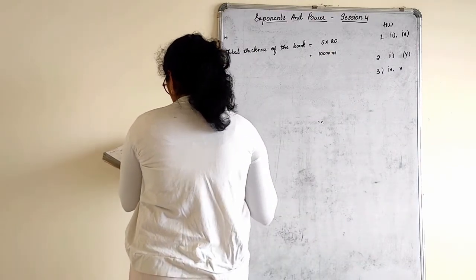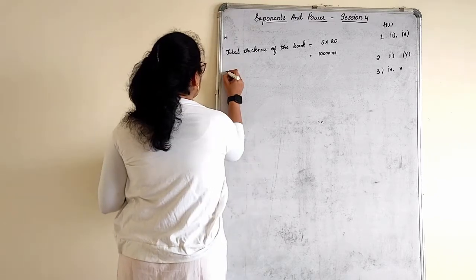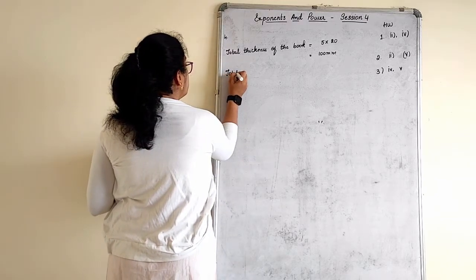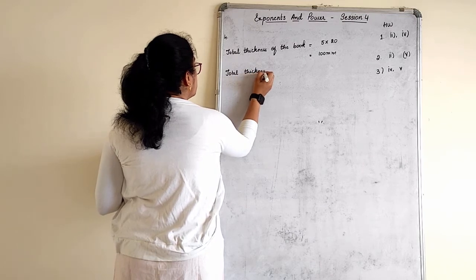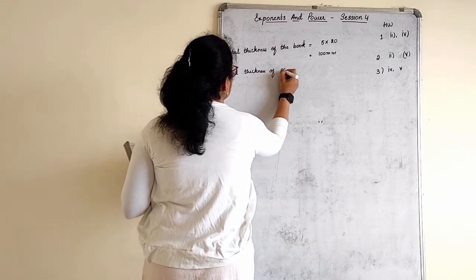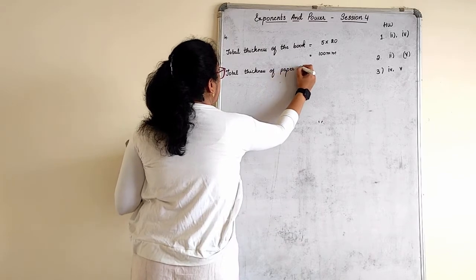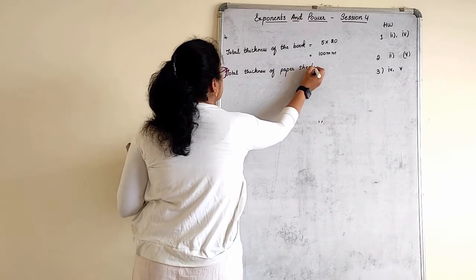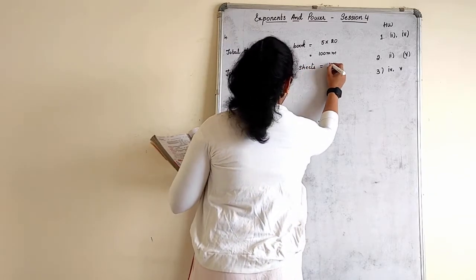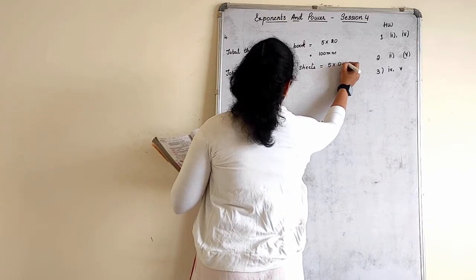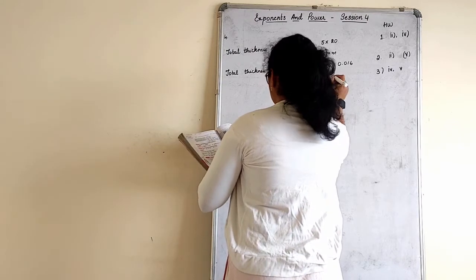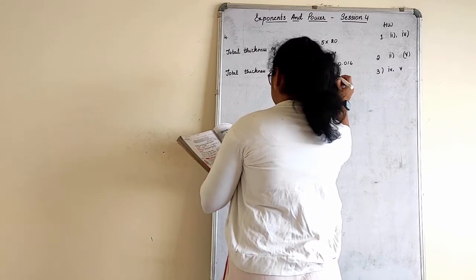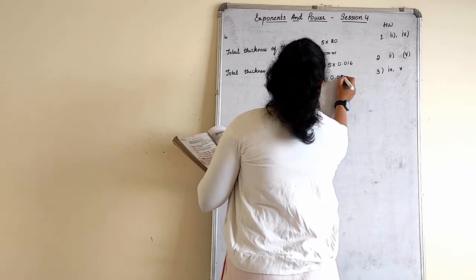Then we have 5 paper sheets, each of thickness 0.016 millimeter. Total thickness of paper sheets is equal to 5 into 0.016 millimeter, which is nothing but 0.080.